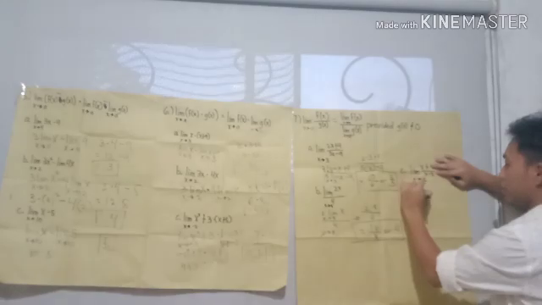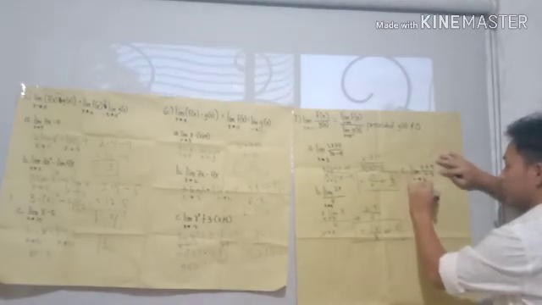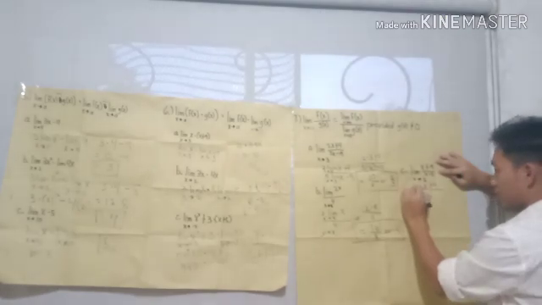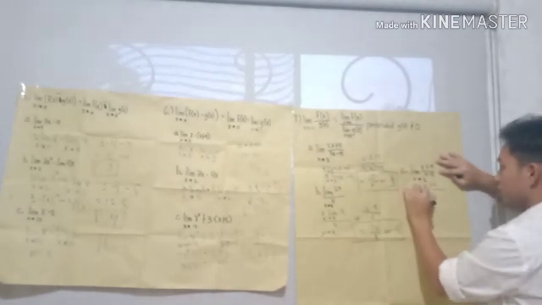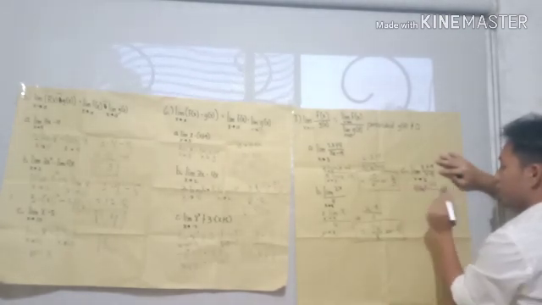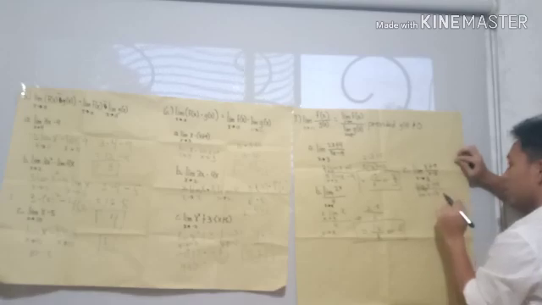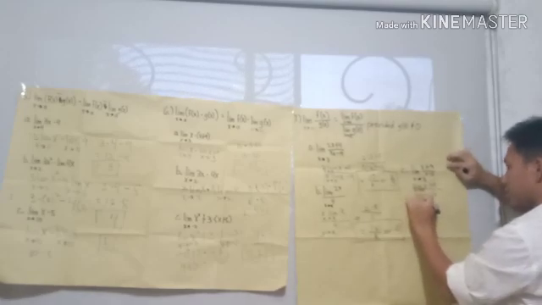Limit x plus 9 as x approaches 5 is divided by limit x minus 3 as x approaches 5.